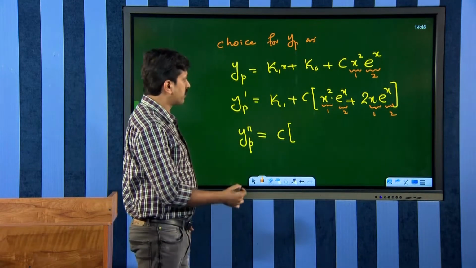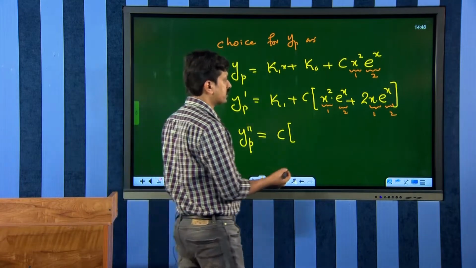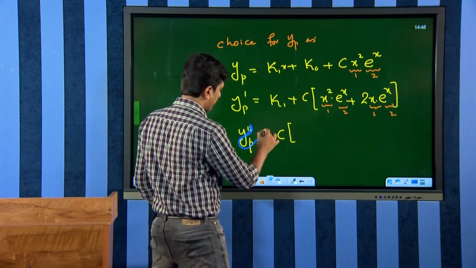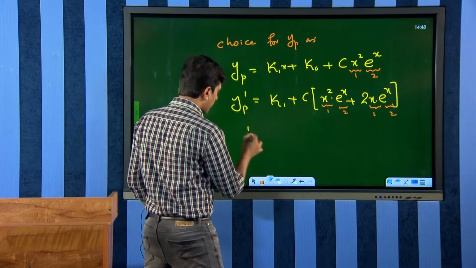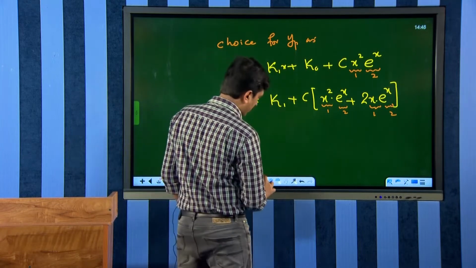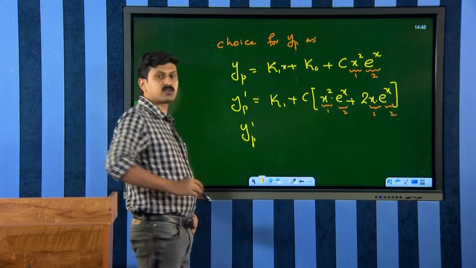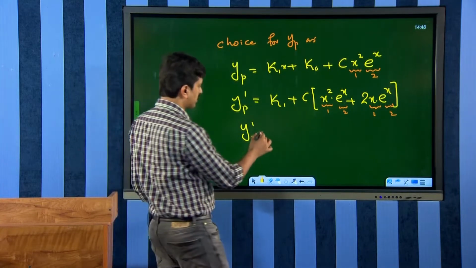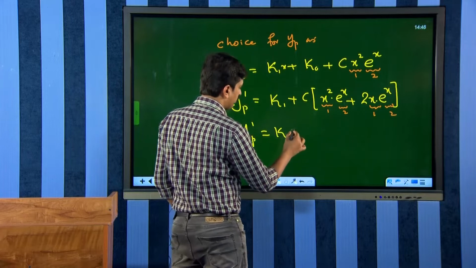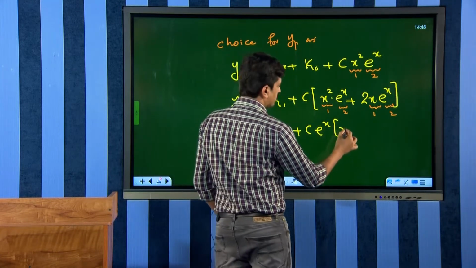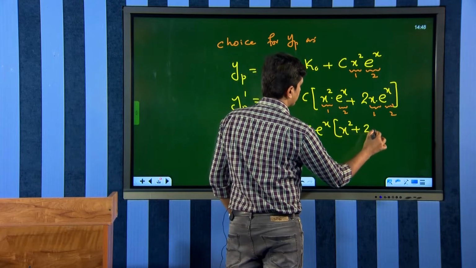We can take e raised to x outside, no problem. So I would like to rearrange yp dash: yp dash is equal to k1 plus c e raised to x into x square plus 2x.